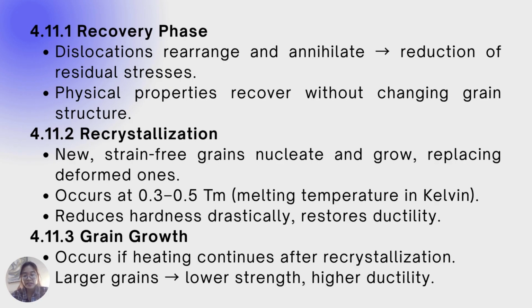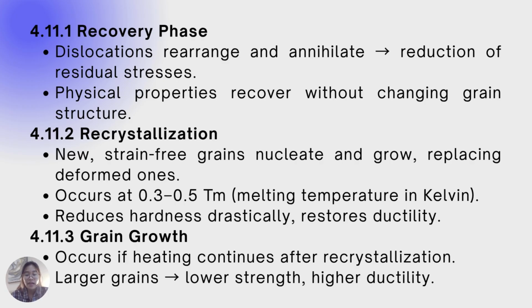This process completely removes the effects of strain hardening. The effect is that the metal becomes softer, more ductile, and easier to shape. The recrystallization temperature depends on the amount of prior deformation. The more the metal is cold worked, the lower the temperature needed. It is commonly used after cold rolling or drawing to restore workability.